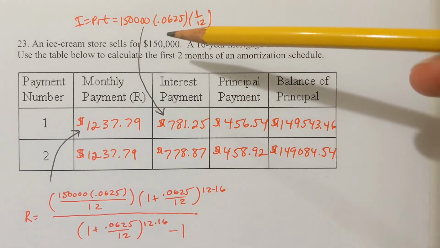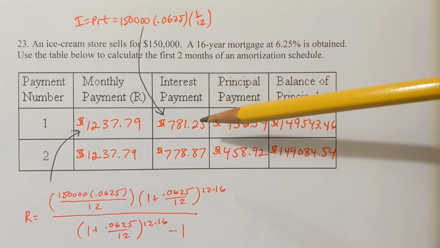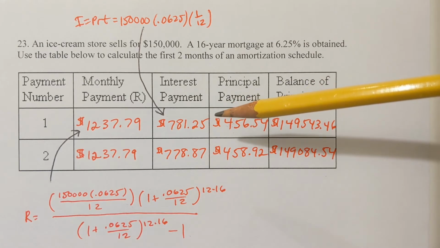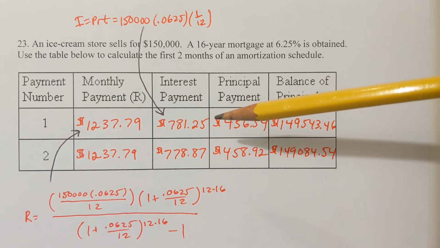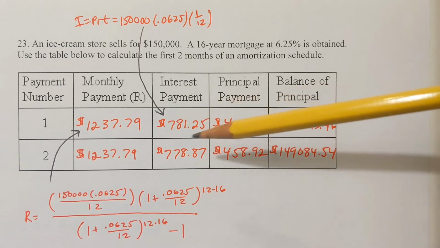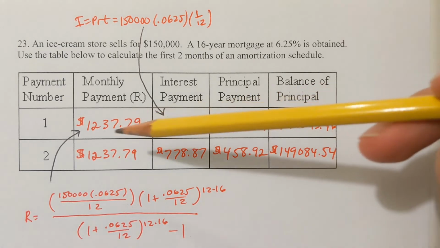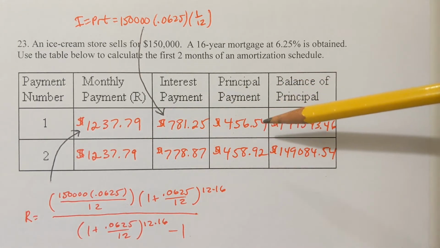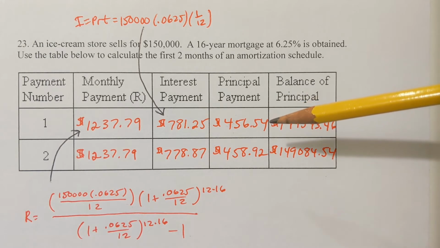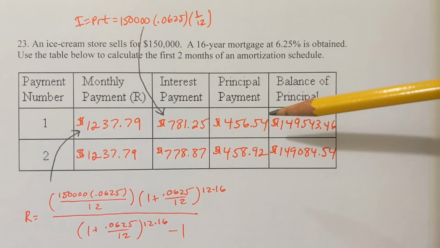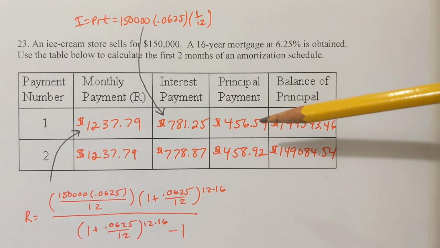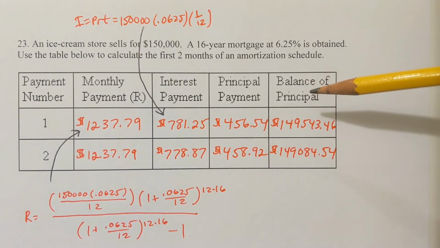If you type this in the calculator, you should get $781.25 goes towards interest. The rest of the payment is going to go towards the principal, so that'd be $456.54 going towards the principal.